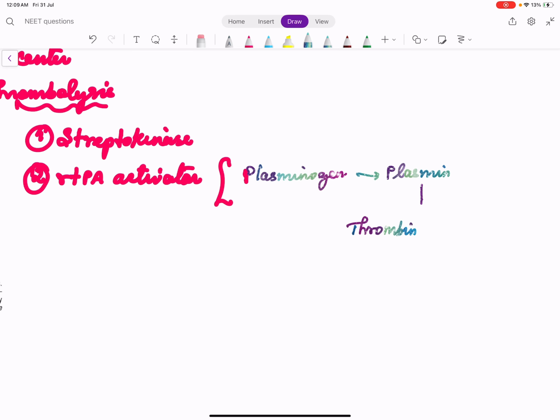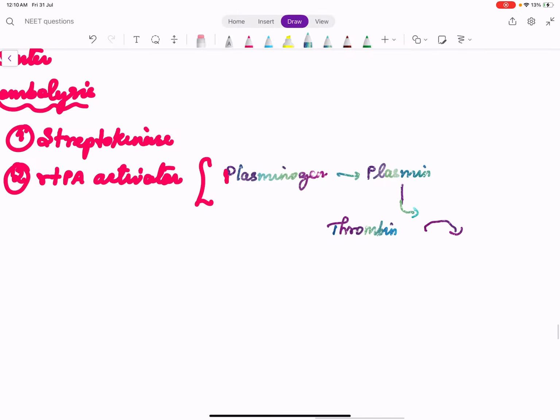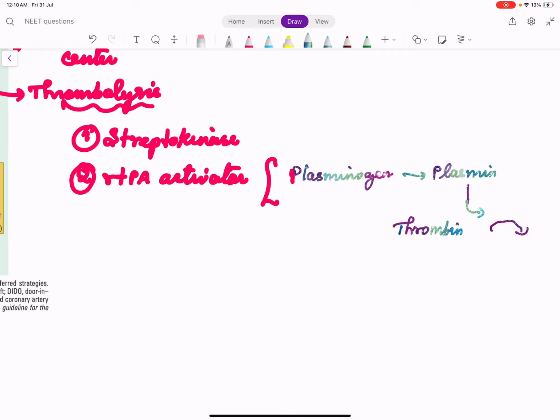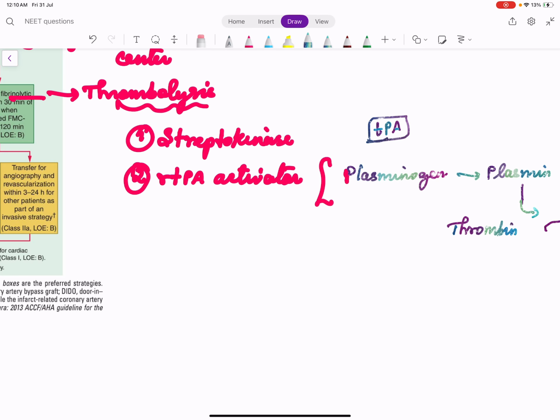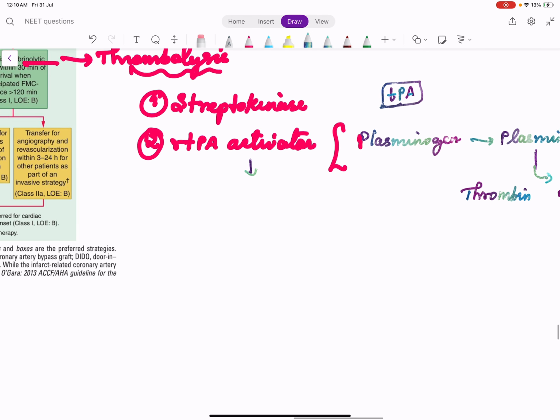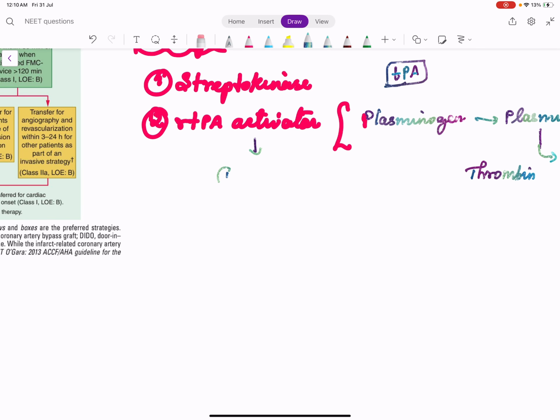Thrombin is formed from prothrombin, which helps to activate fibrinogen. So plasmin inactivates thrombin, right? There are some proteins which activate plasminogen. They are called tissue plasminogen activators. So recombinant tissue plasminogen activators are the second or the latest group of drugs.